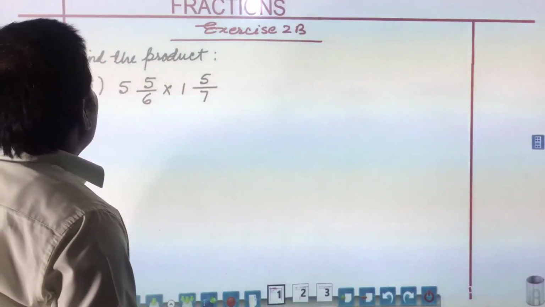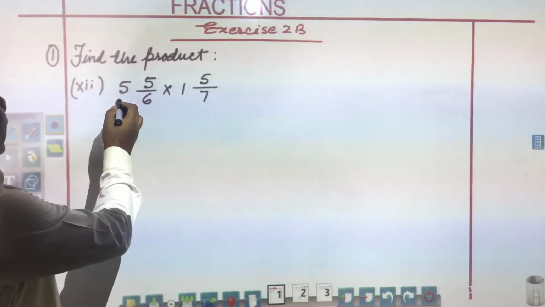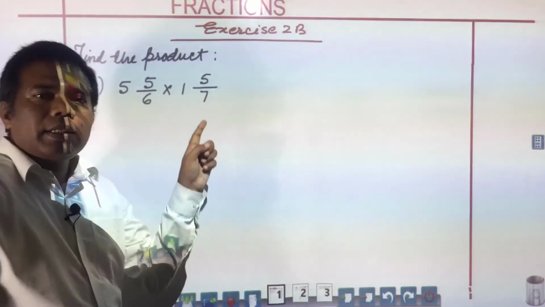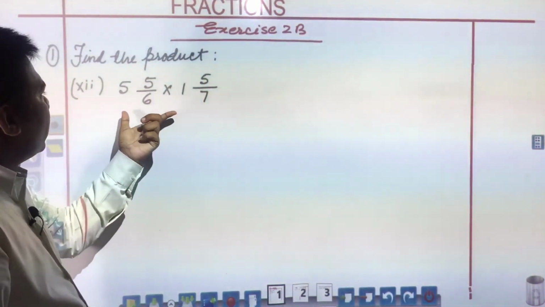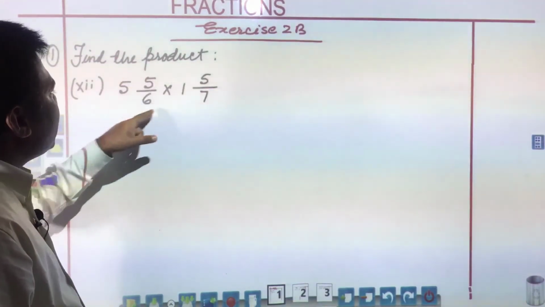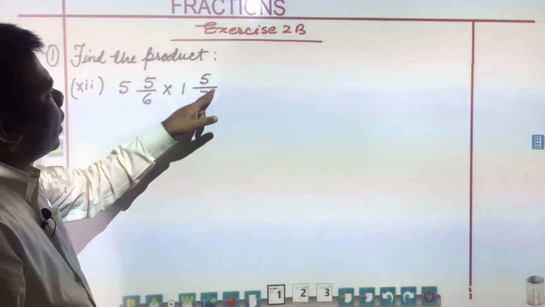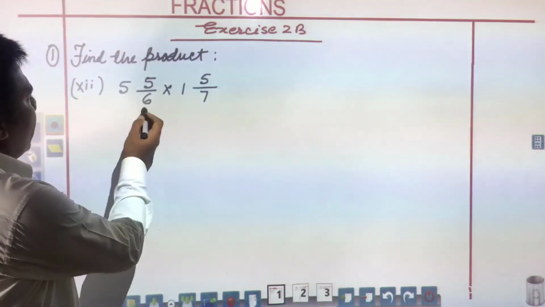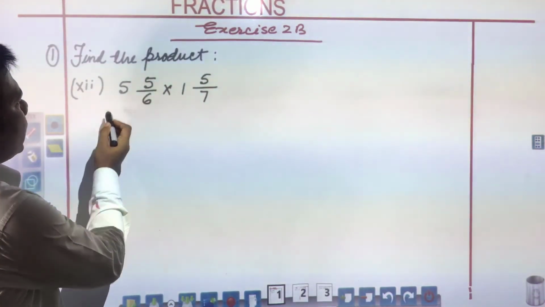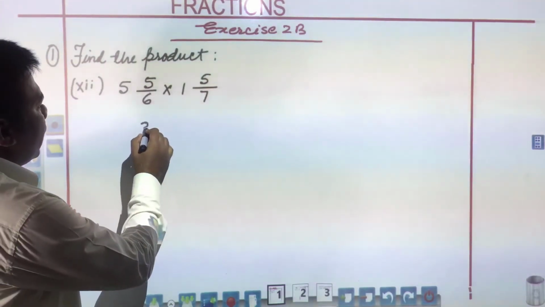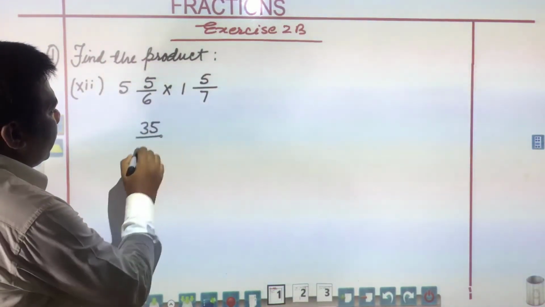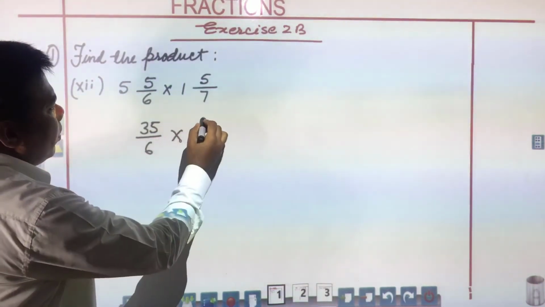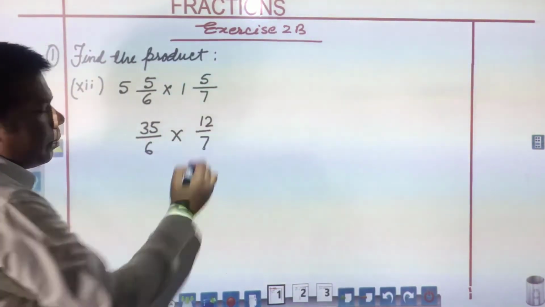Here you have your first question: 5 whole 5 by 6 into 1 whole 5 by 7. If you remember what I had told you, this mixed fraction is required to be converted into improper fraction. So, first step: 6 fives are 30 and 5 is 35, divided by 6, into 7 ones are 7 and 5 is 12, by 7.